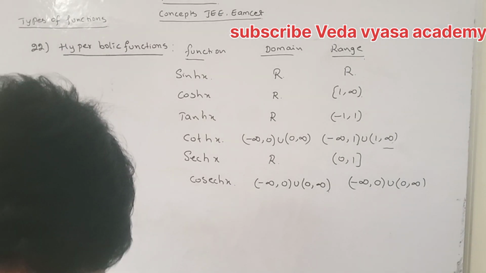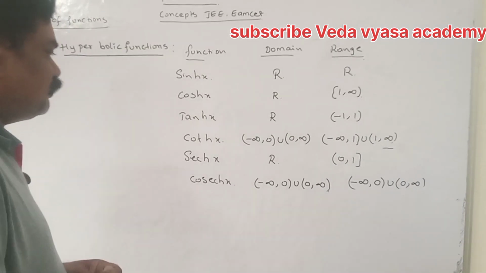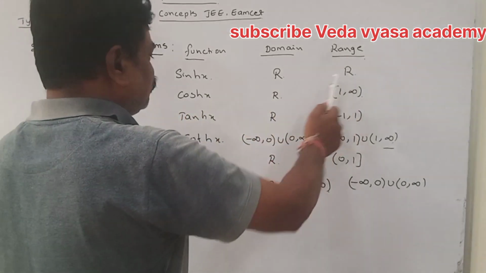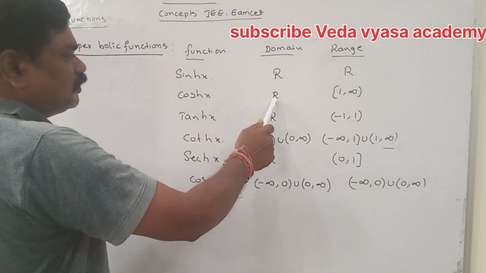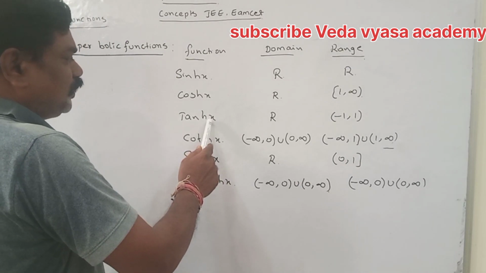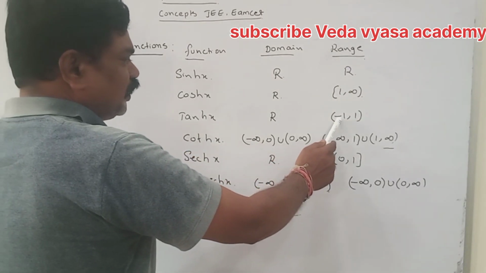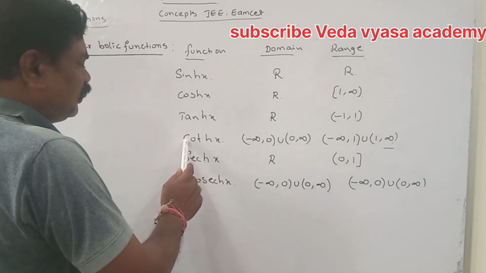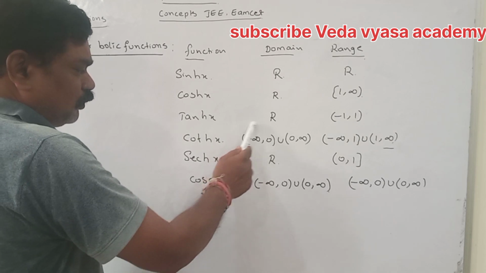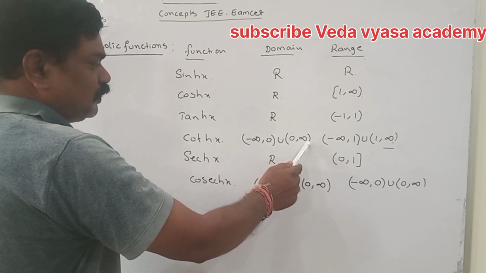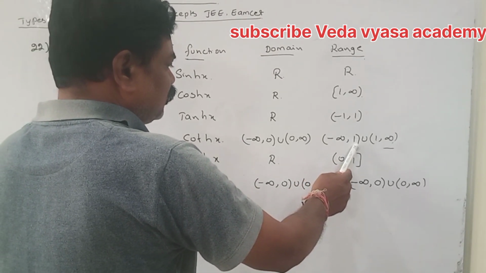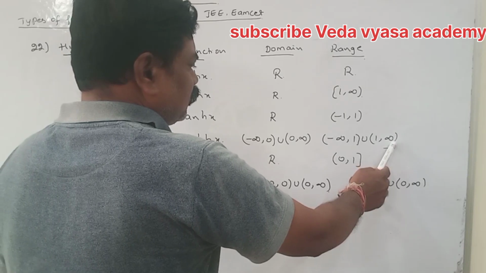Here, the range and domain. Once I explain: tan hyperbolic function domain R range R, cos hyperbolic function domain R range closed interval 1 to infinity, tan hyperbolic function domain R range open interval minus 1 to 1, cot hyperbolic function domain open interval minus infinity to 0 union open interval 0 to infinity, range minus infinity to 1 union 1 to infinity.